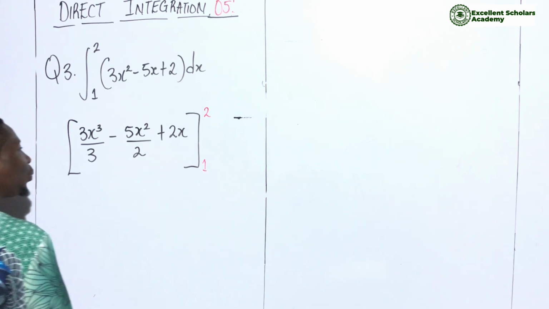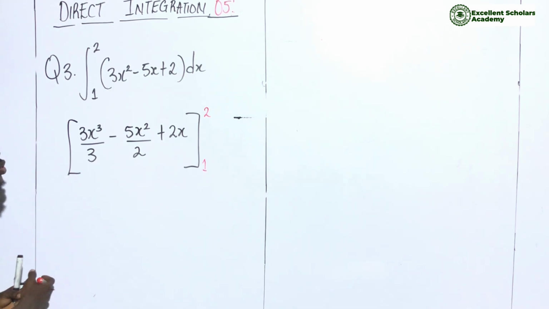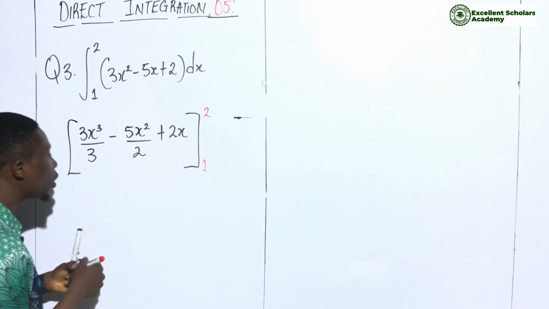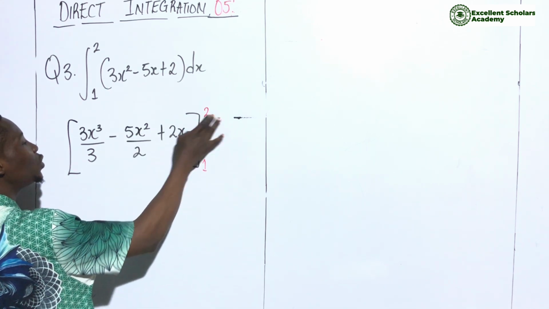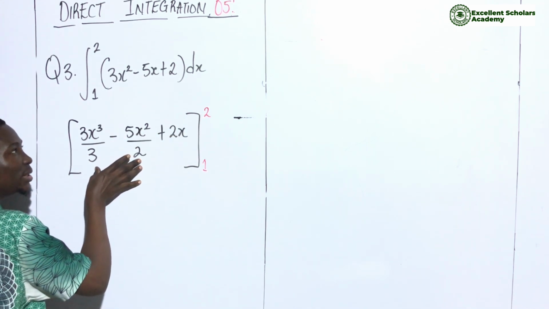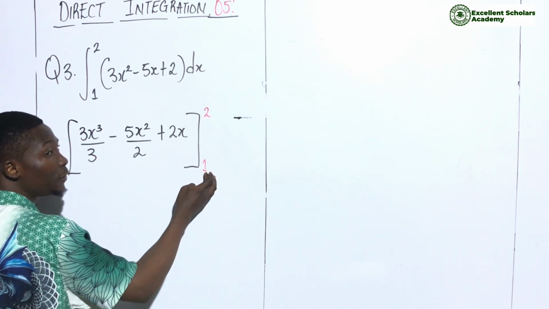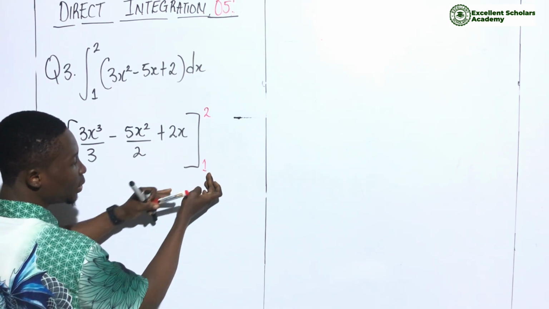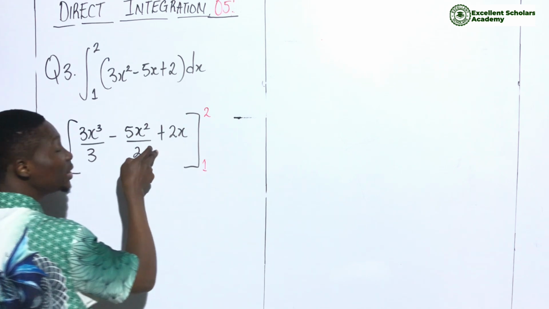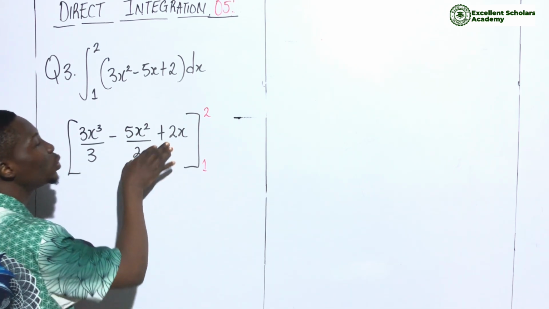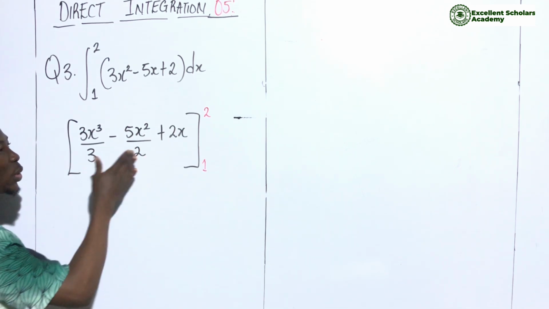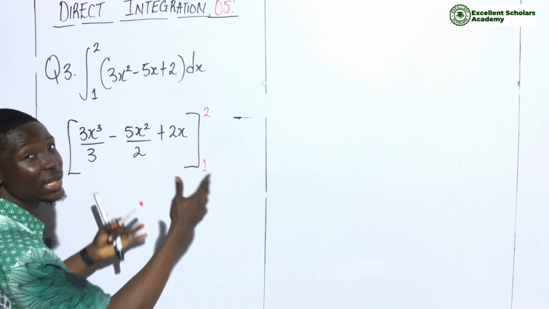Now what are we going to do here? We're going to substitute the value of 2 into this integral, minus the value of 1 into this same integral. Now we will not need to put our constant here, because if we were to do that, the constants will take themselves out.